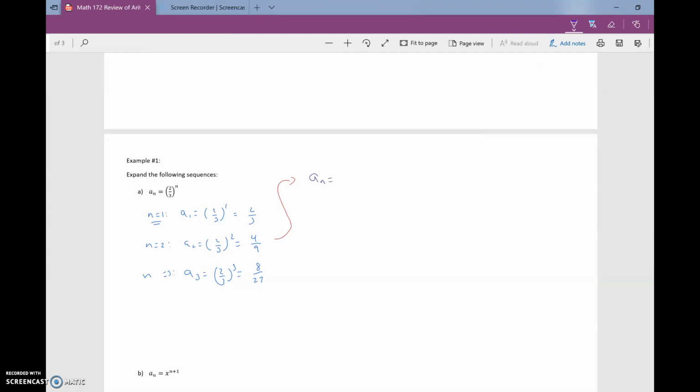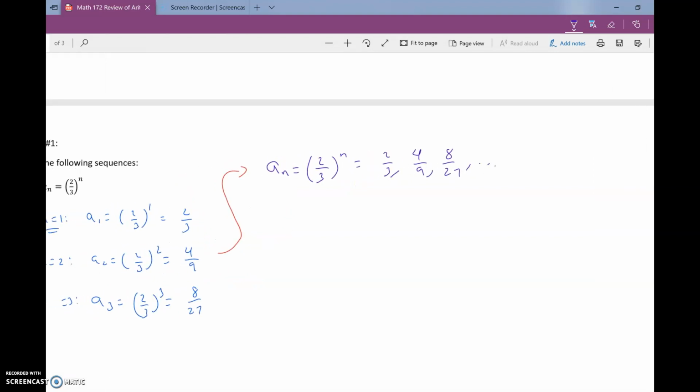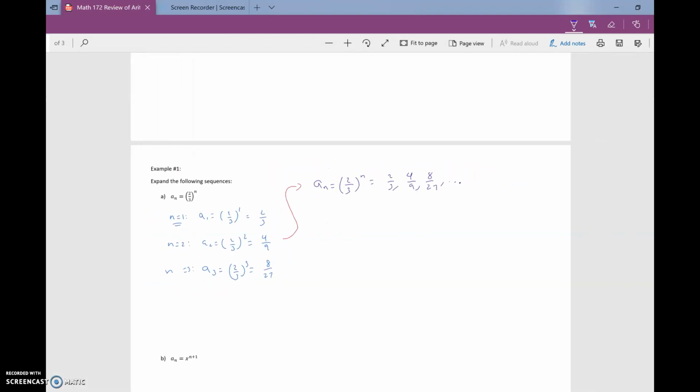So a sub n is equal to 2/3 to the n, which actually starts with 2/3, comma, 4/9, comma, then 8/27, and the pattern continues on to infinity. So one of the main differences within the sequences is that we're just looking at the terms. So we're not adding these yet unless we're told to do so. So this will be the expansion, and you're expressing all of these with a comma in between.